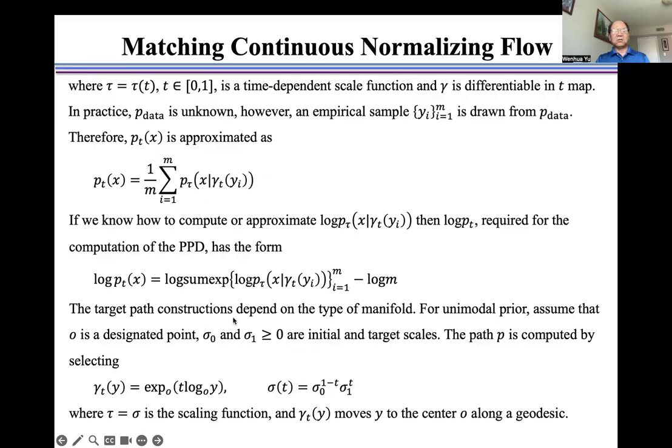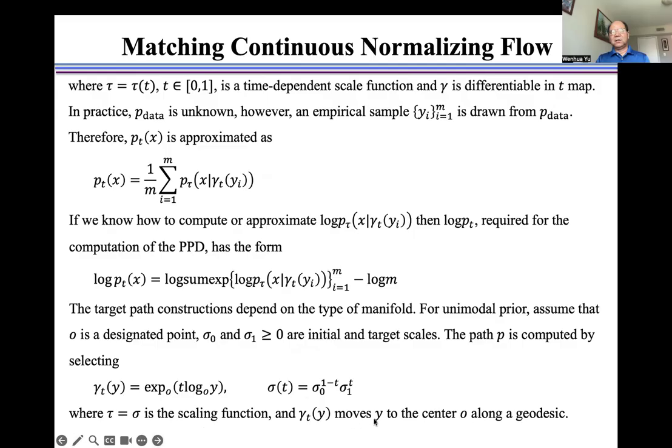The target path construction depends on the type of manifold. For a unimodal prior, assume that O is a designated point. Sigma 0 and sigma 1 are initial and target scales. The path P is computed by selecting in this formulation, and sigma t is calculated from sigma 0 and sigma 1, where tau is a scaling function.